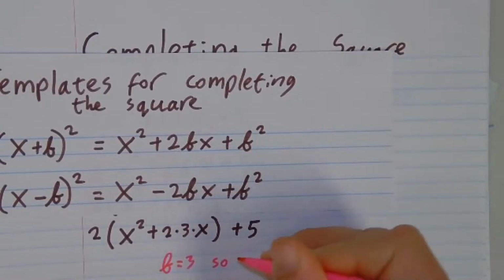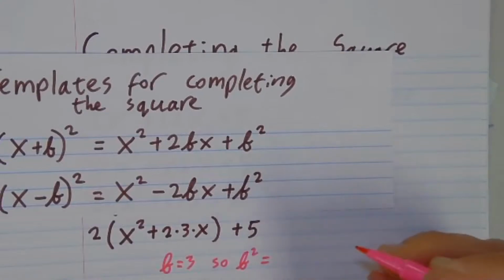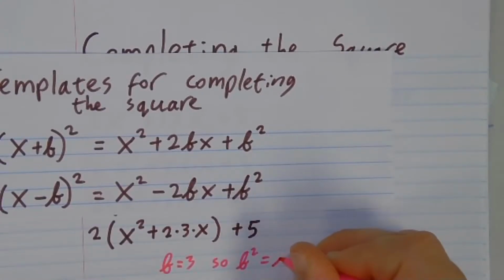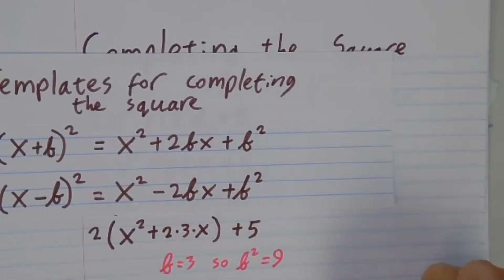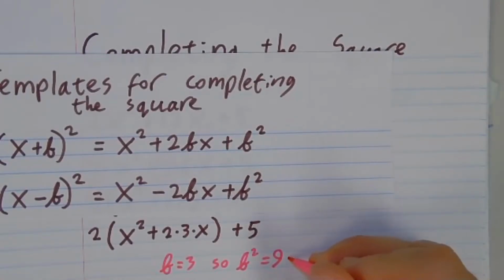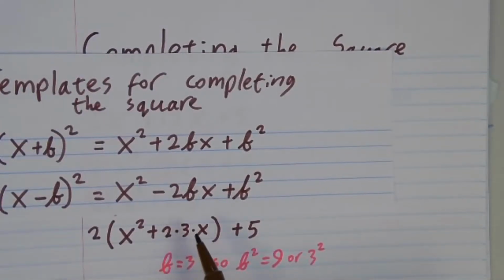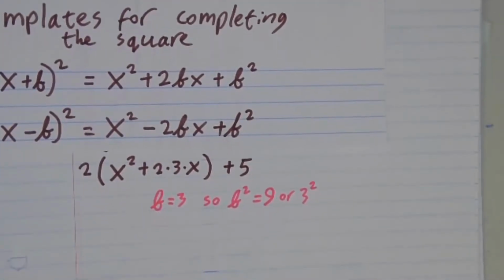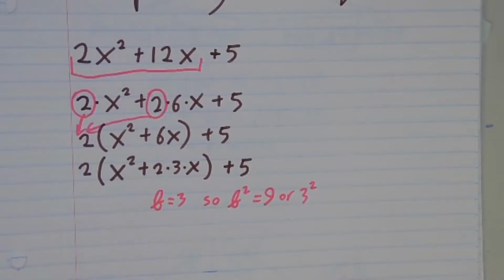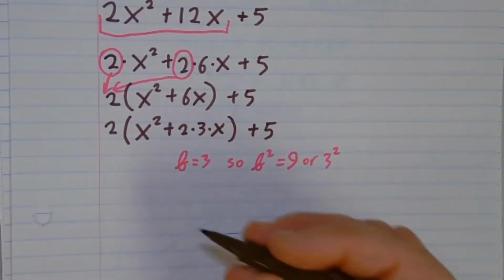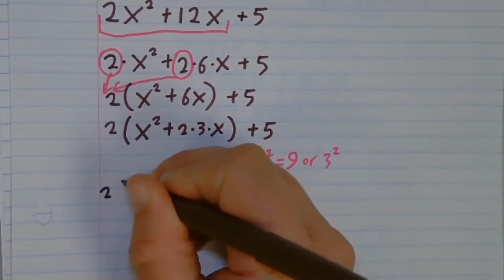And that means that my b squared would be 3 squared, which is 9. Or 3 squared, I guess. Keep it either way. So I know the thing that I need in here is 3 squared. Well, I can't just add anything I want wherever I want, because this is an expression.